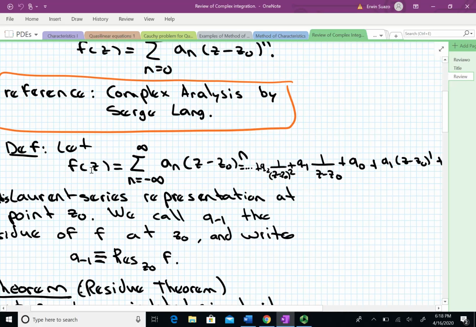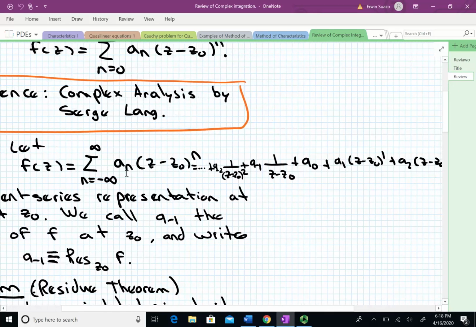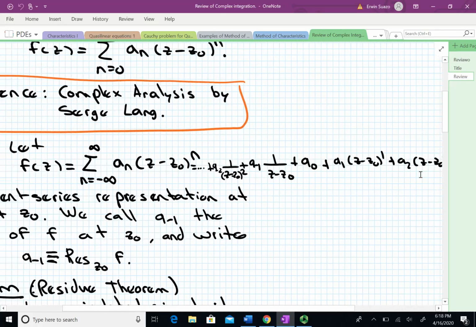So if f of c has further a representation from minus infinity to infinity, that means you start with a0, then a1, a2, a3, and so on, but then you also have the negative indices, so n can be minus 1.